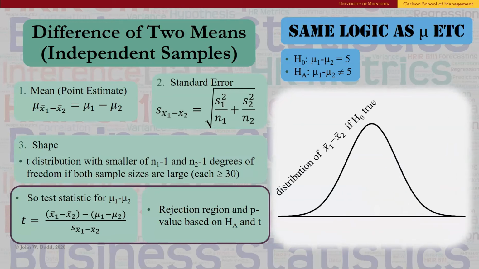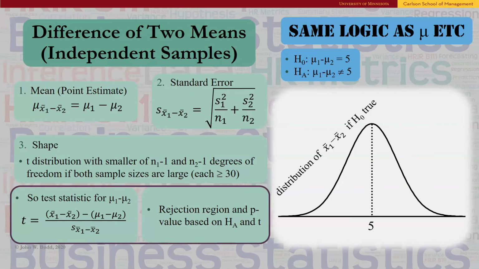Well, we're going to go back to the sampling distribution, and if the null hypothesis is true, then the distribution of the differences in the two sample means is centered at 5, right? Because again, we're making the assumption that the null hypothesis is true, so the true difference is 5, and the center of the sample statistic distribution is 5.